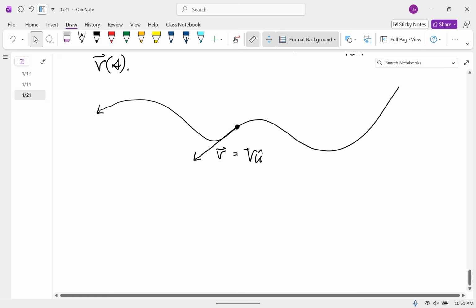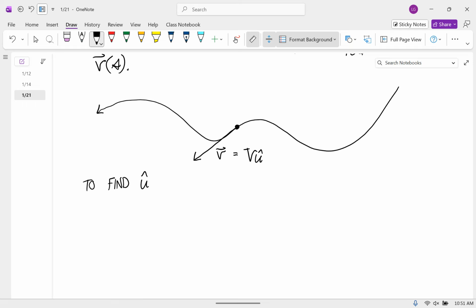So to find this unit vector u, first we're going to parameterize the function.